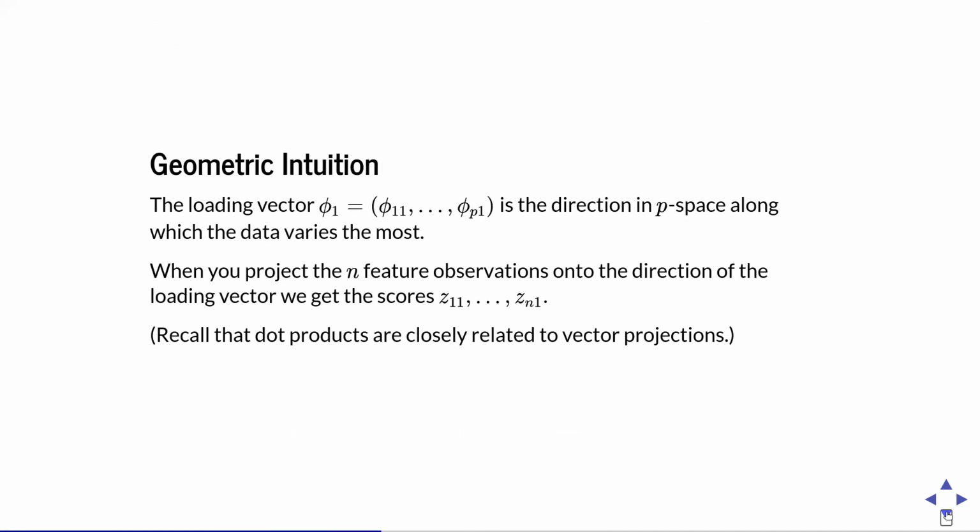So here's the geometric intuition. The loading vector, phi 1, is the direction in p space along which the data varies the most. When you project the n feature observations onto the direction of the loading vector, we get the scores z_11 to z_n1.